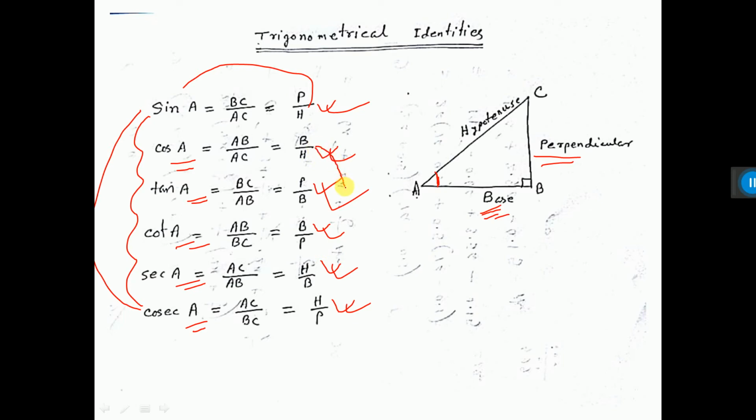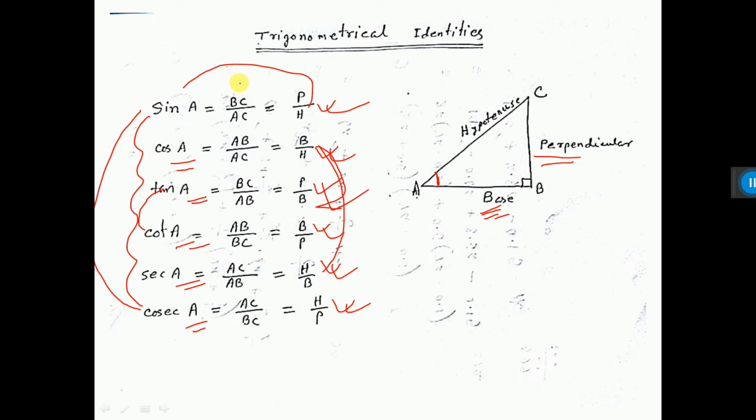Then cos and sec are opposite to one another: base by hypotenuse, hypotenuse by base. Tan and cot are opposite to each other: perpendicular by base, base by perpendicular. So if you learn sine cos tan, and just reverse, you will get cosec sec cot.